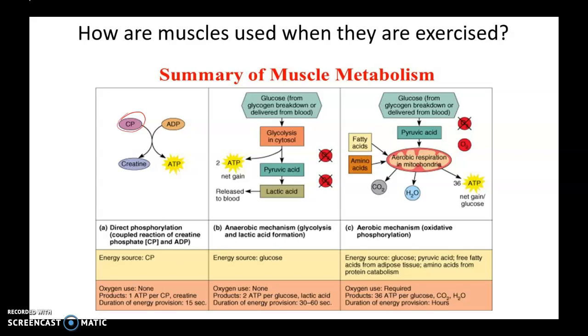All right, so first, this is the first step. Remember, this lasts only a few seconds. Then you are using the glucose source, breaking it down to generate very little ATP anaerobically.